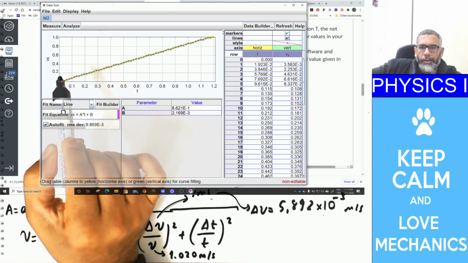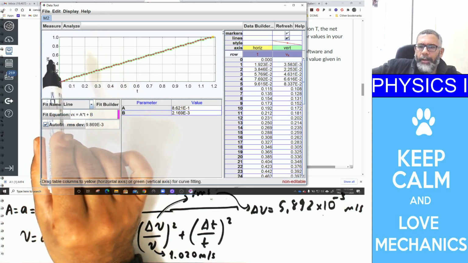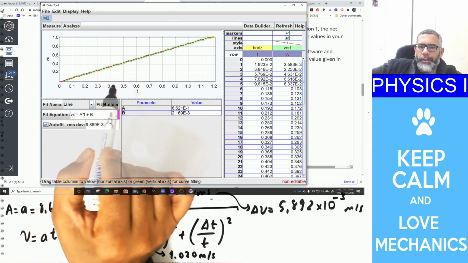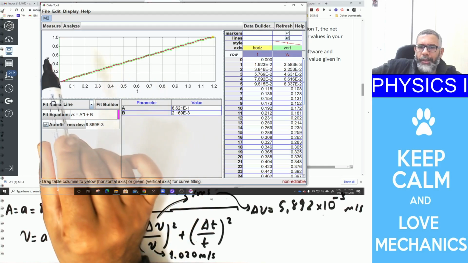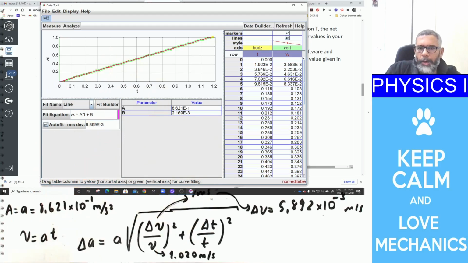If I change this vertical axis to T, and put the V axis to the horizontal, you can do this on Tracker.